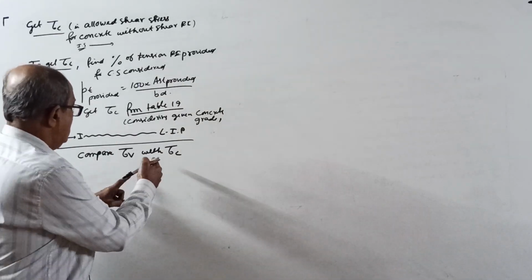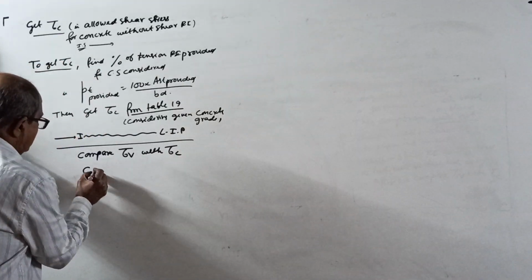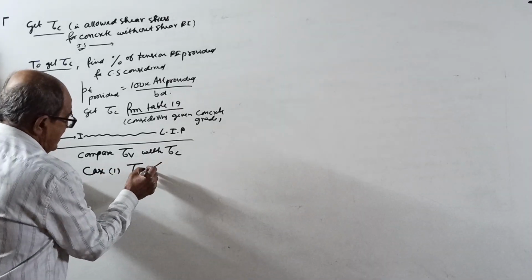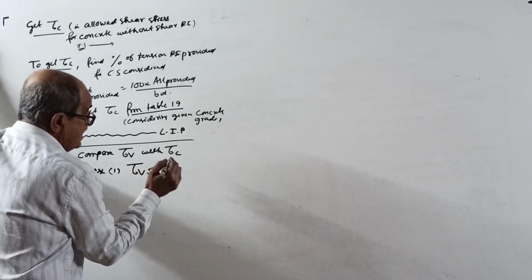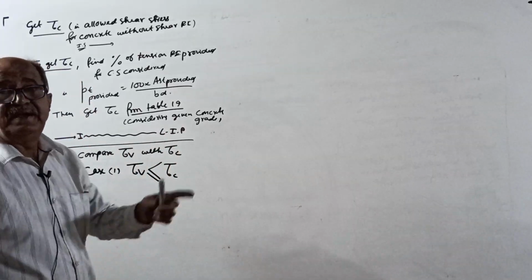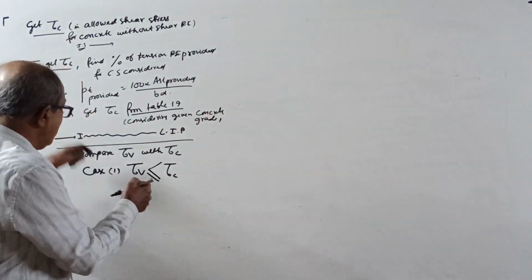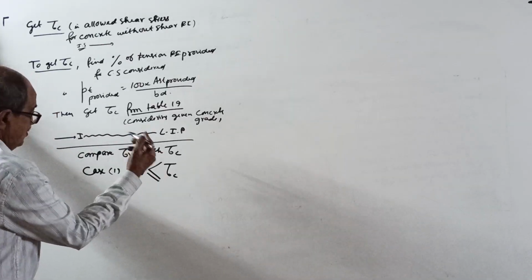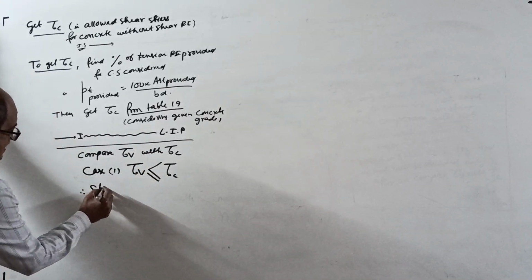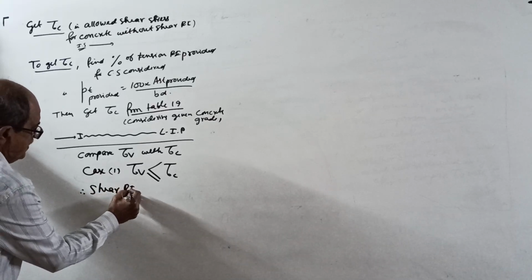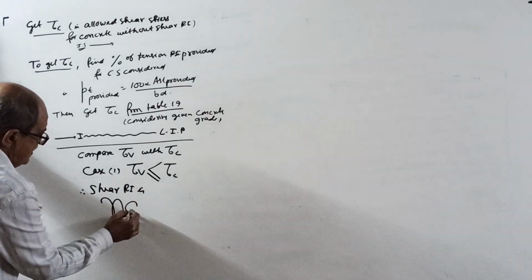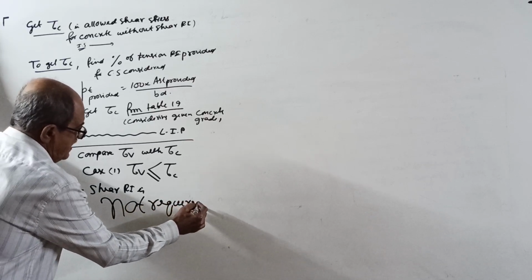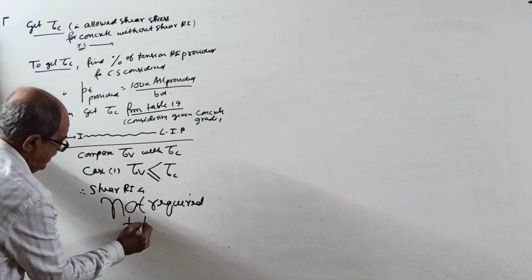Okay, now I will write case 1. Case 1, tau v is less than or equal to tau c. See, still now that bent up bar has not come. Again, write: shear stress to be resisted is less than the capacity of concrete. Therefore, shear reinforcement is not required to be designed.